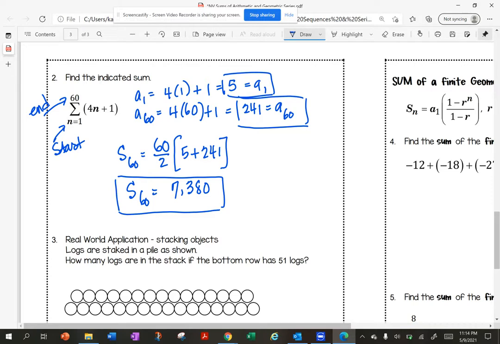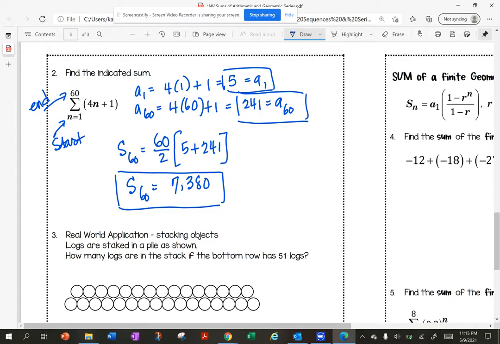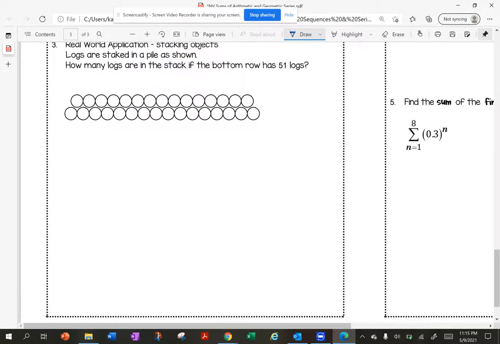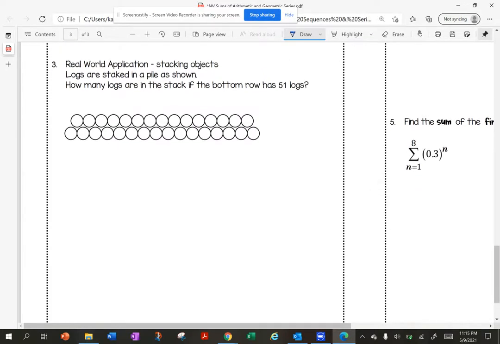Okay, let's try a real world problem. Stacking objects. Anytime we're trying to stack something, we usually want to know how many we can fit in the stack. Here we're talking about some logs. We're stacking them in a pile like this. How many logs are in the stack if the bottom row has 51 logs? So I'm starting at my first row.